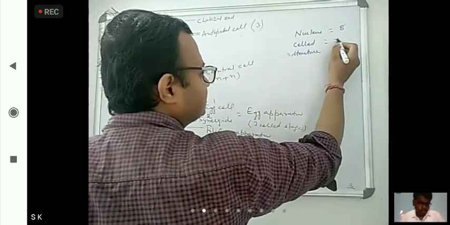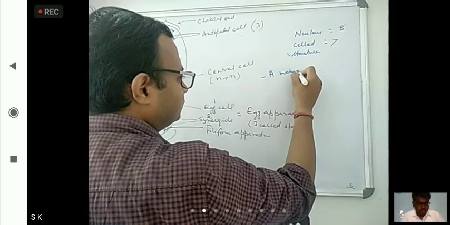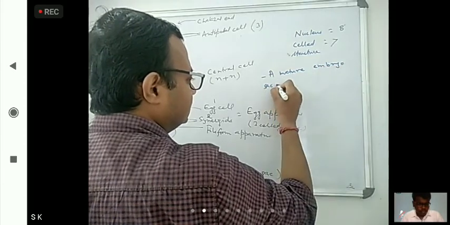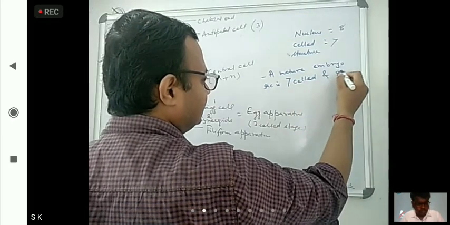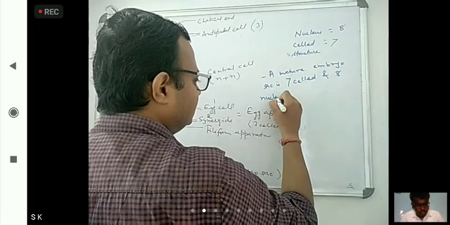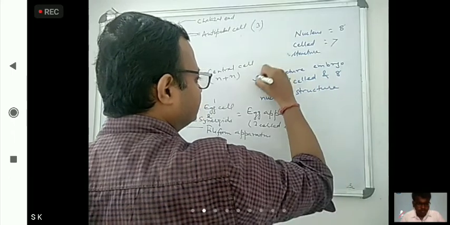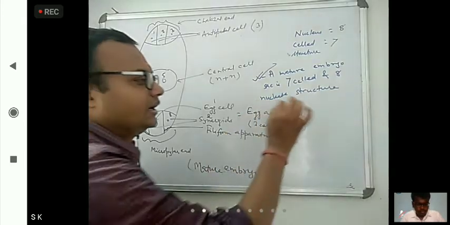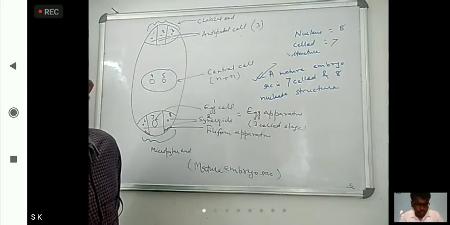So a mature embryo sac is 7-celled and 8-nucleate structure. This line is very, very important. Understood what I told?